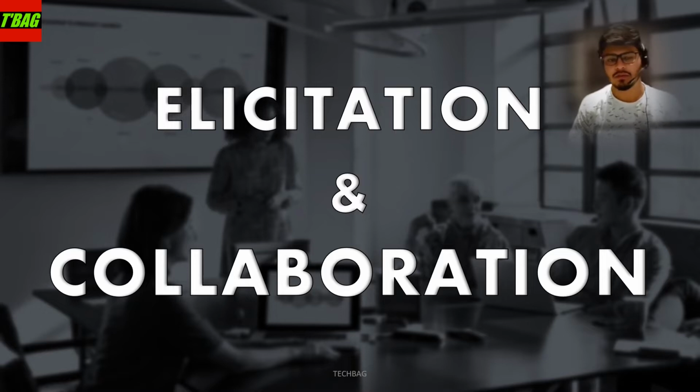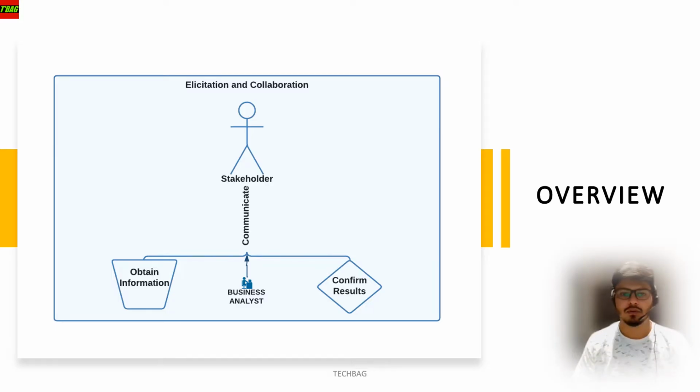So today in our video, we're going to look at elicitation and collaboration and how a business analyst works with them. Looking at the overview, if you look at this particular image, it says that the stakeholder is the one who gives the information, and the confirmed results are obtained by the business analyst through communicating with them.